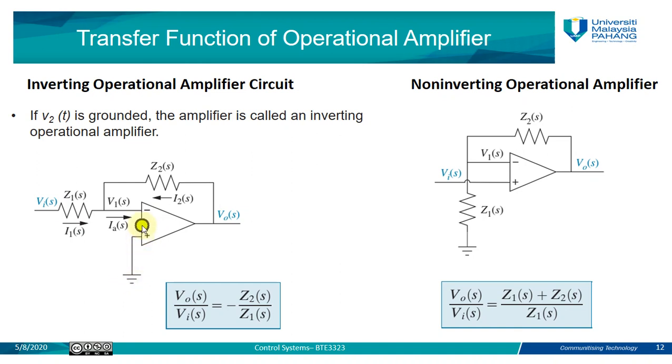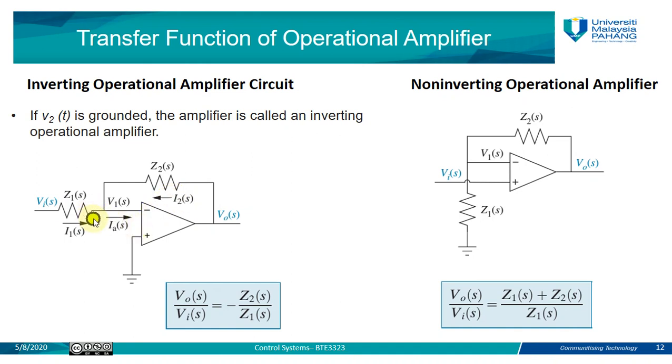For that, the output voltage will have a negative value compared with the input, because one of the inputs is connected to the ground. Its transfer function is V out over V in equal to negative Z2 over Z1, where Z2 is the output impedance and Z1 is the input impedance.